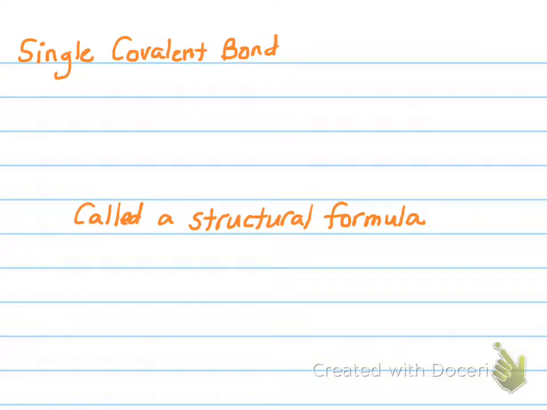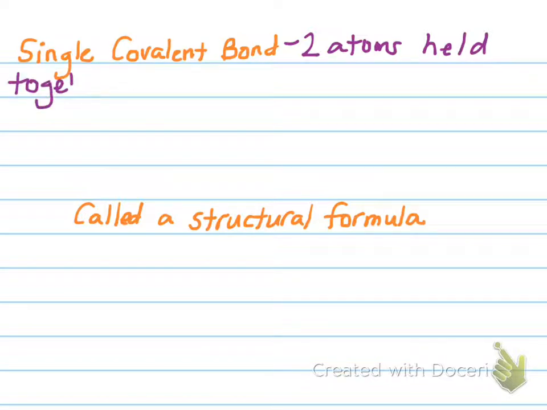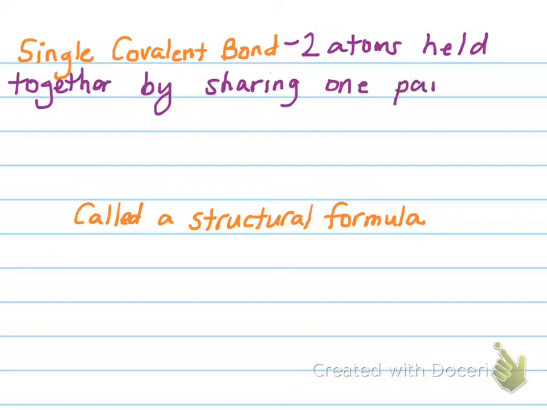Specifically, a single covalent bond occurs when two atoms are held together by sharing one pair of electrons, right?